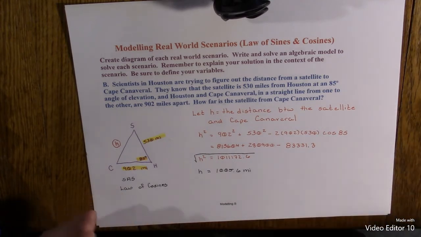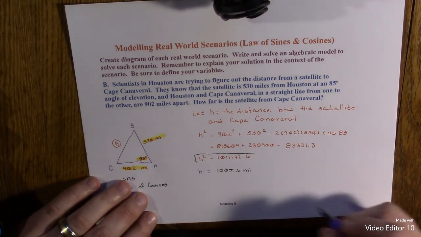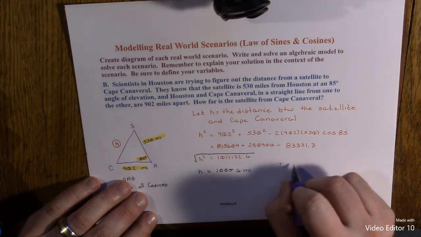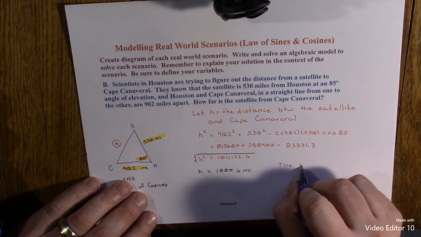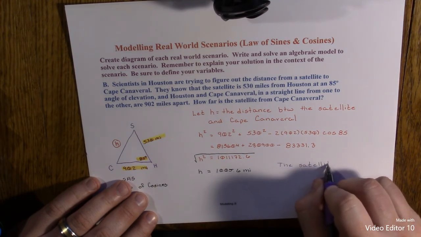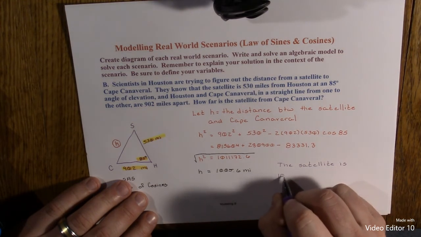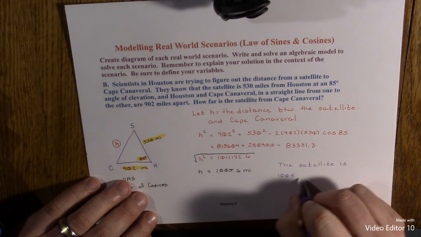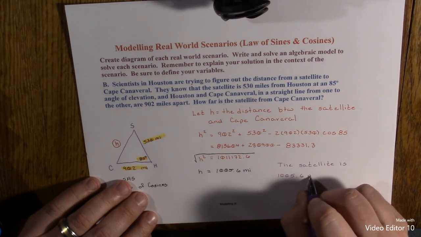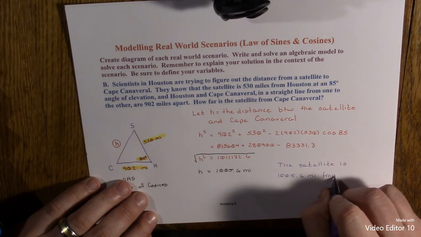Again, we've now solved the equation, but we need to remember to answer in the context. So we would say that the satellite is 1,005.6 miles from Cape Canaveral.